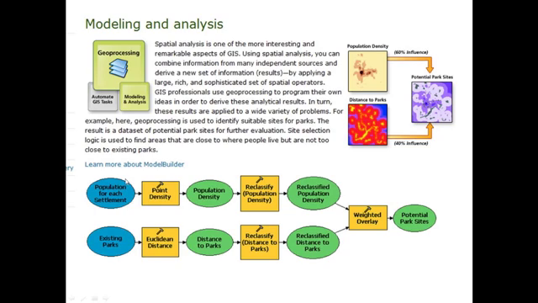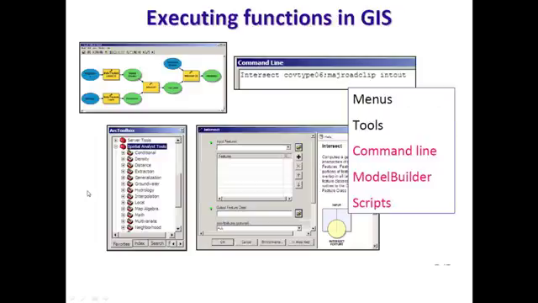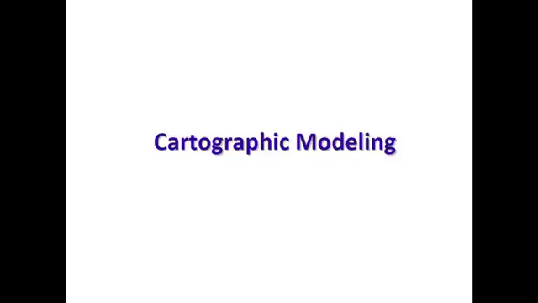So this is just showing you guys, and I think I've told you a little bit about this, how you're going to go from, say, a population, trying to figure out potential park sites based upon different things like your existing park locations, your population, and the other term besides model builder, which is what we use in Arc, is cartographic modeling.